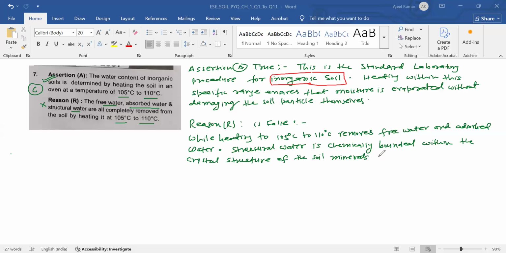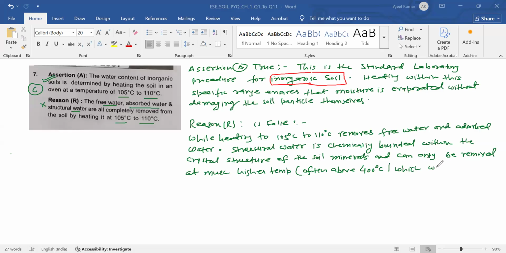and can only be removed at much higher temperatures, often above 400 degrees Celsius, which would physically destroy the soil minerals.